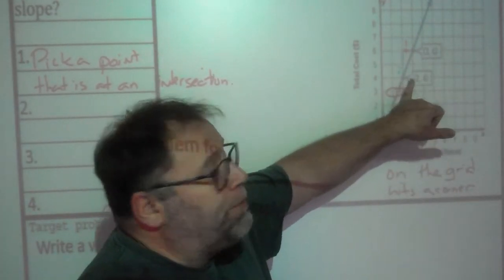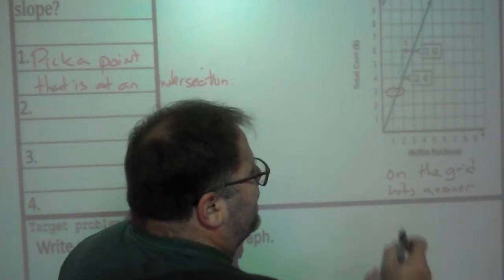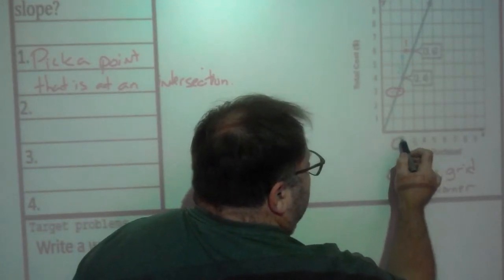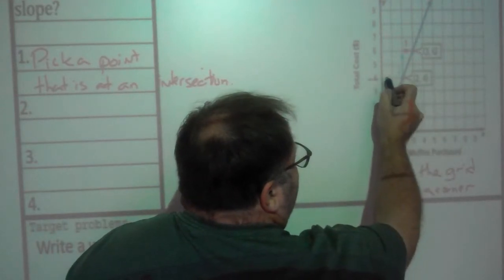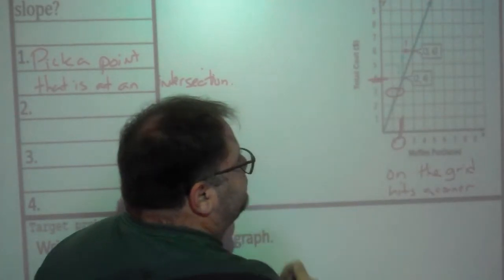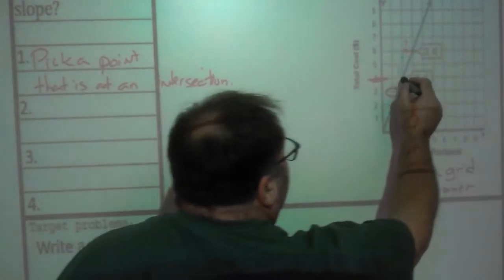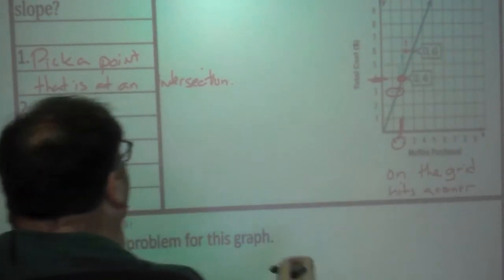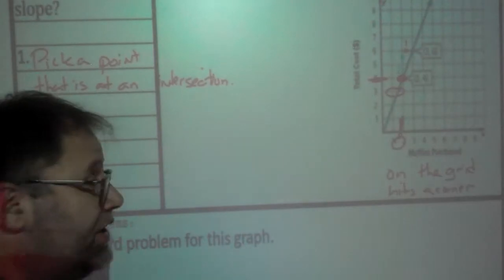We know what the ordered pair is right there. So that right there is 2, 4. I can see exactly, I go 1, 2, it's right here at the 2 on this line, and right here at the 4 on that line. So I want to pick a point on the intersection. I know what the ordered pair is, and that's fine. We don't need the ordered pair for this.